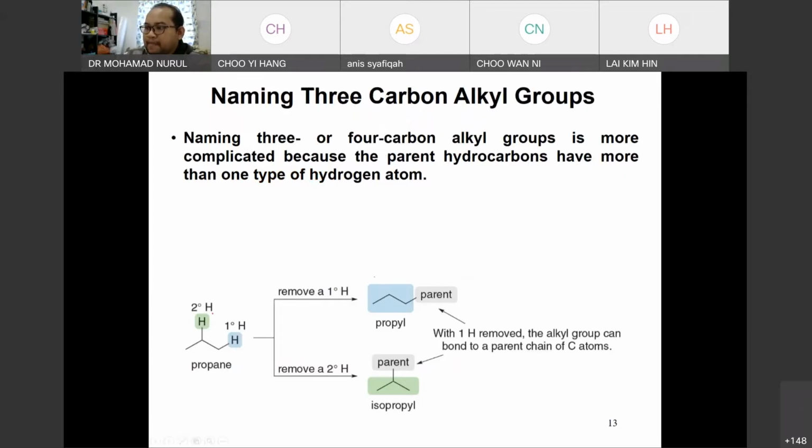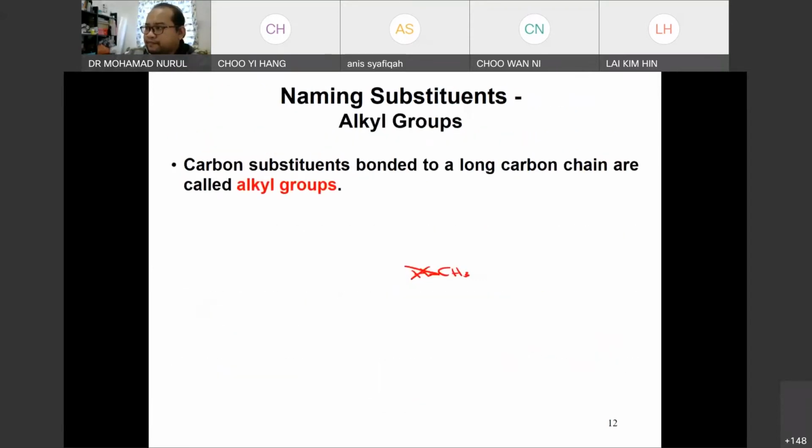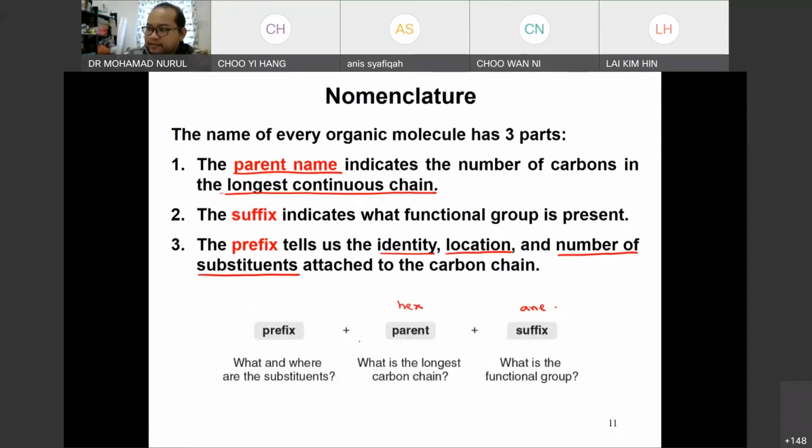They have 2 types of propyls. If we remove the primary hydrogen here, it becomes propyl. And if we take propane, this propane group becomes a prefix.